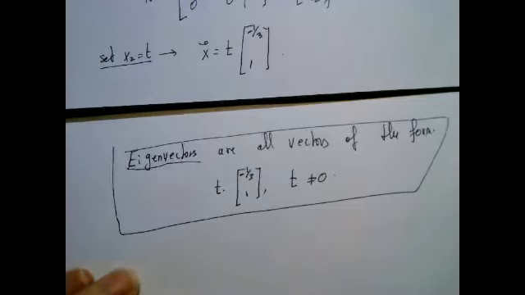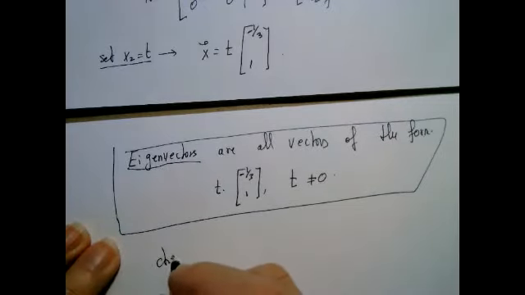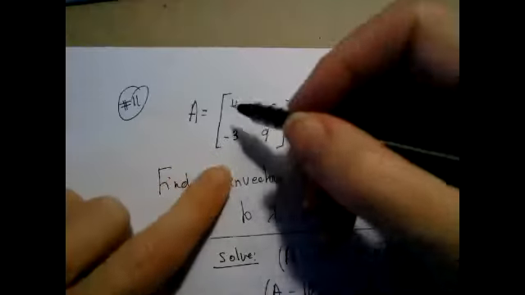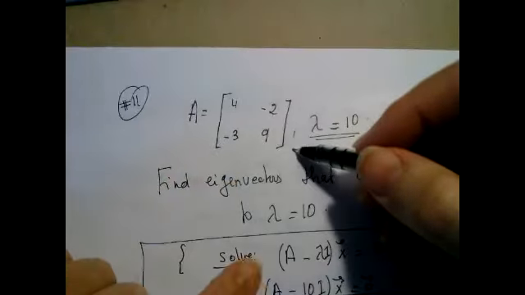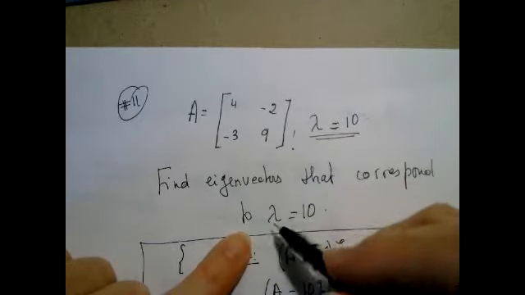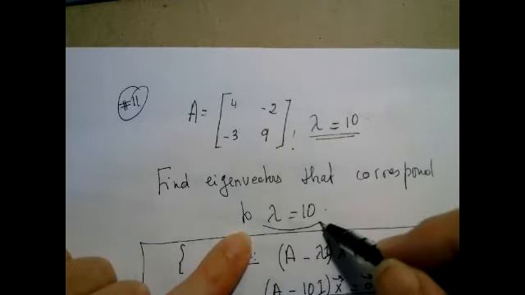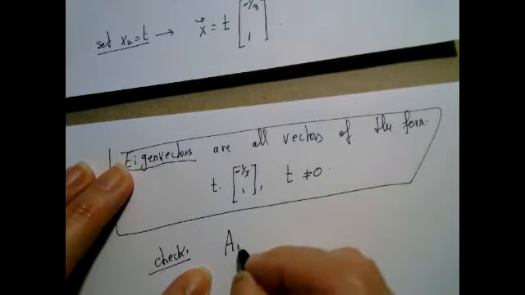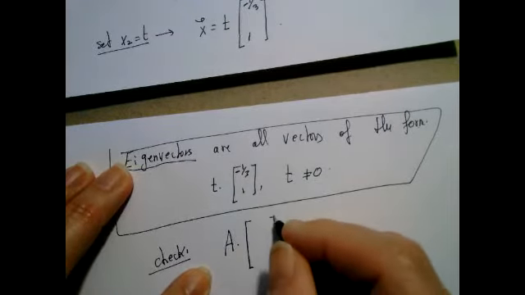Now, how do we check? Just to remind you what those eigenvectors represent: when I multiply A by them, the effect is to stretch those vectors by a factor of 10. So if you want to check whether you are getting the right vectors, you take A and multiply it by those vectors.